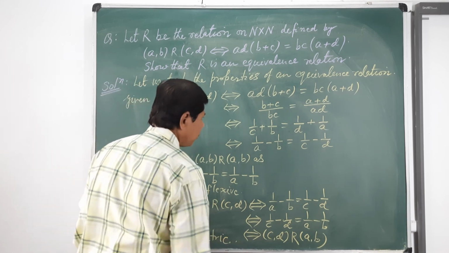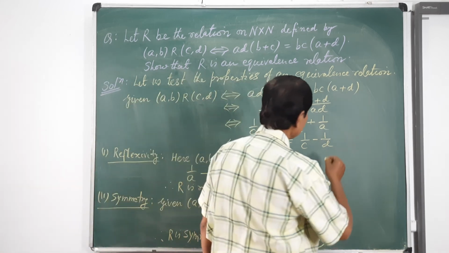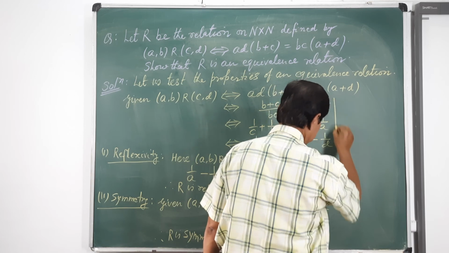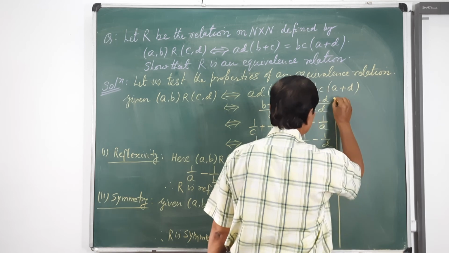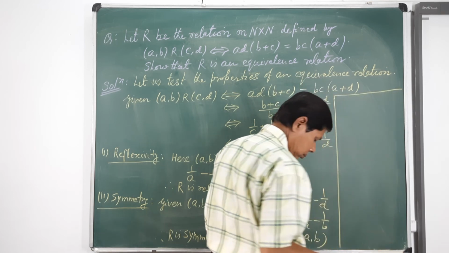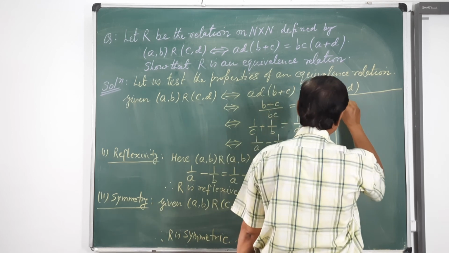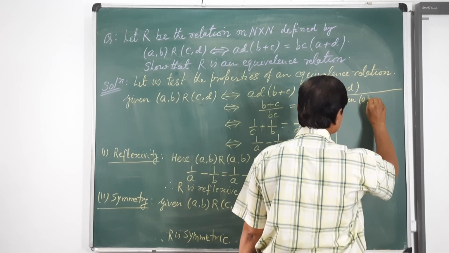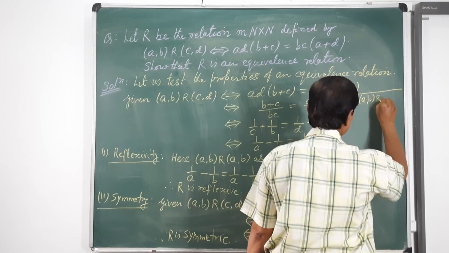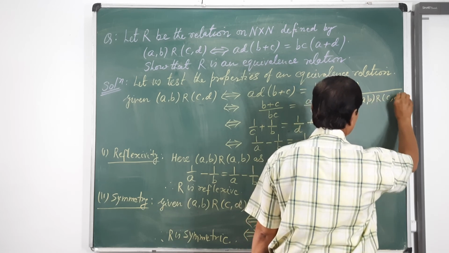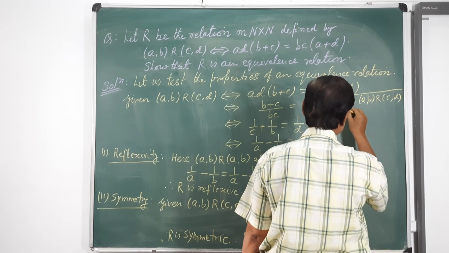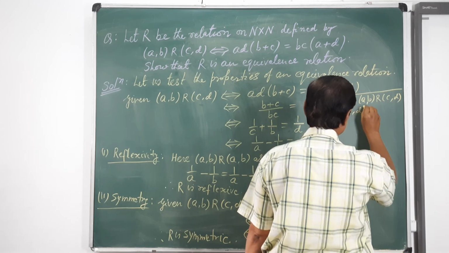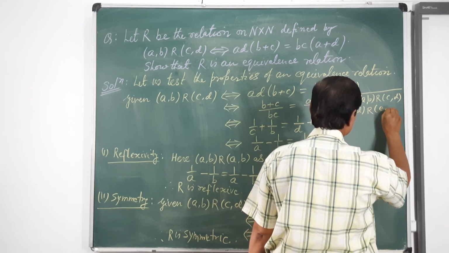Now come to property number 3. Given (A, B) related to (C, D) and (C, D) related to (E, F).